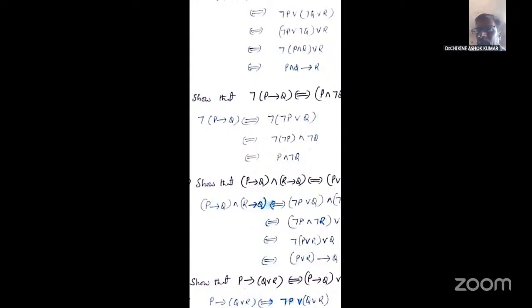It is equivalent to P intersection negation of Q. Negation of (P implies Q) equals negation of P intersection negation of Q. This is what we have to prove. This is the question. Now for proving this, come to the proof.